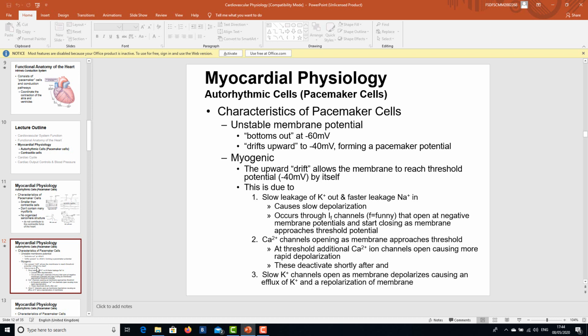Calcium channels open as the membrane approaches threshold. At threshold, additional calcium ion channels open, causing more rapid depolarization. These deactivate shortly after, and slow potassium channels open as the membrane depolarizes, causing an efflux of potassium and a repolarization of the membrane.